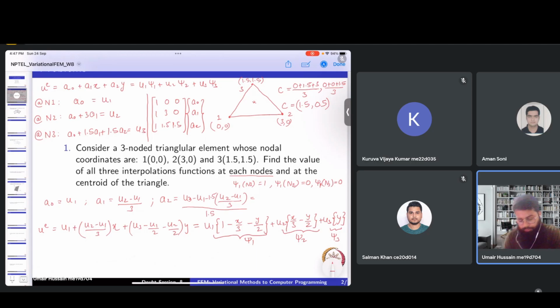So U3 by 1.5. Simplify this. This will be 2 U3 by 3, minus 2 U1 by 3 plus U1 by 3.